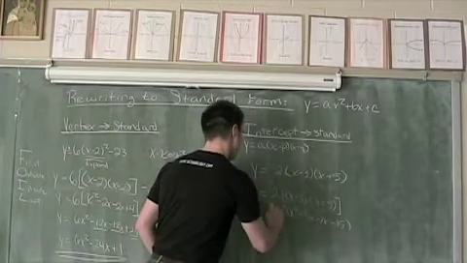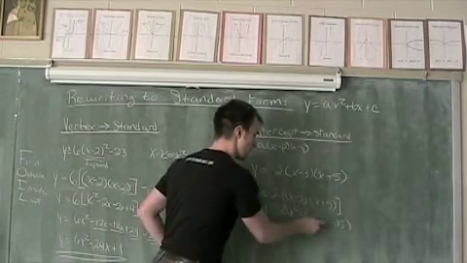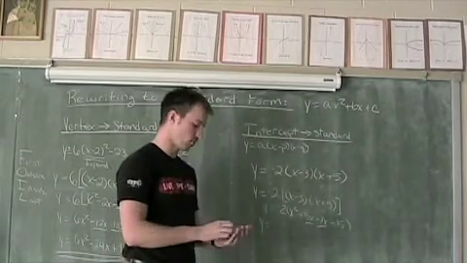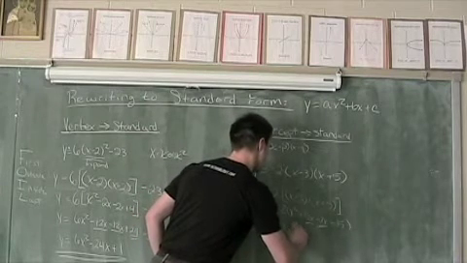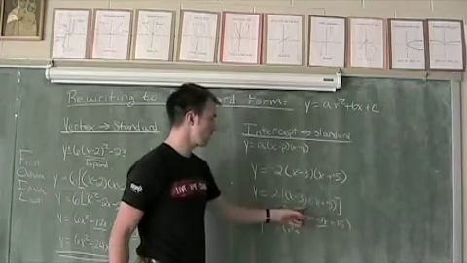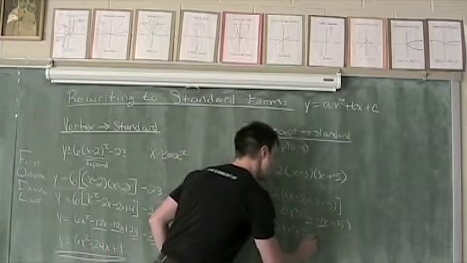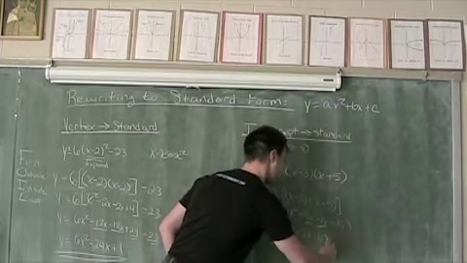Well, y is actually equal to, if I combine these two terms before I distribute that negative 2, negative 2 times x squared plus negative 3 and a positive 5 gives me a positive 2 times x minus 15.